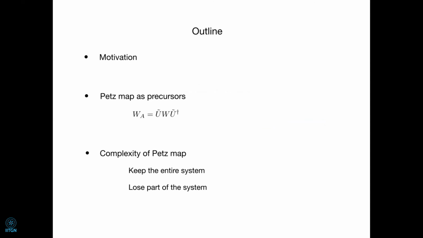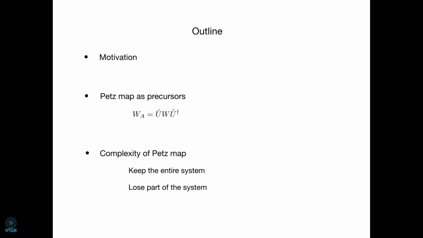If we say WA is a precursor, I mean WA can be written as some unitary U, W U dagger, where this U is a unitary operator. It may or may not be generated by a natural black hole time evolution. W is a simple unitary operator. I will show that Petz map, under the condition of perfect recovery, can be written in this form.